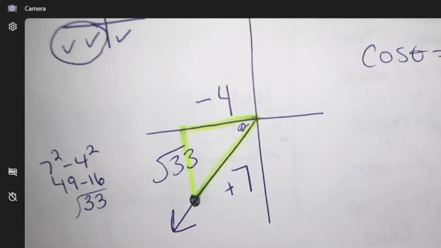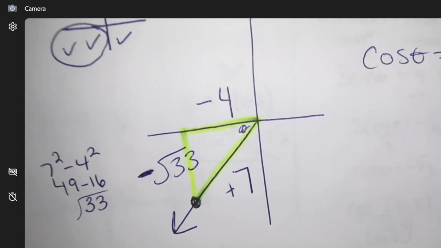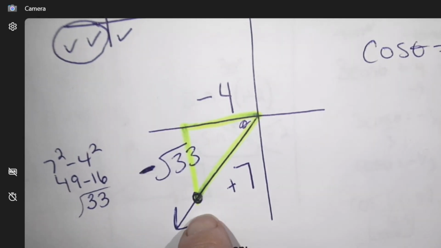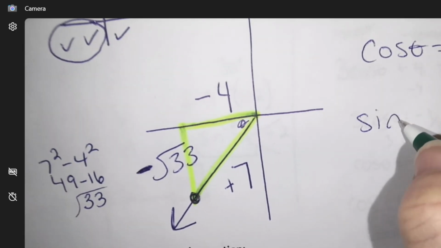So I'm going to leave it. What can you tell me about that side, though? It's negative. Because our y value is down. It's down low. Left and down. That's negative. Okay, finishing it out.